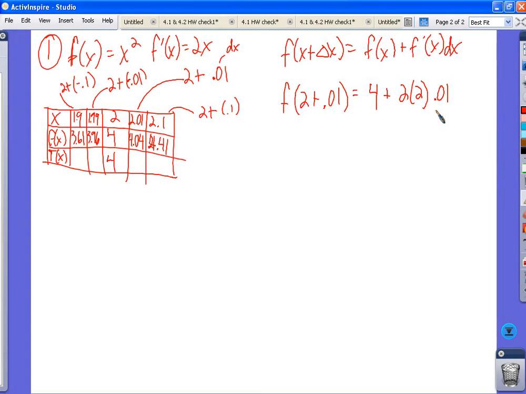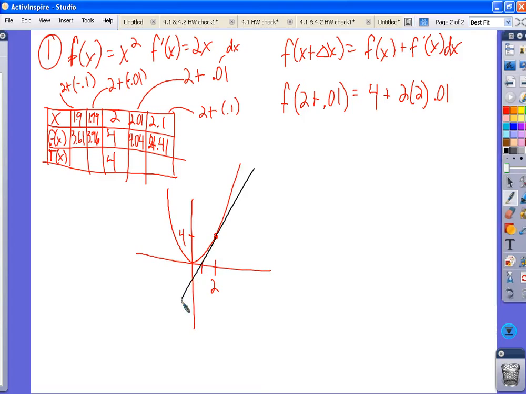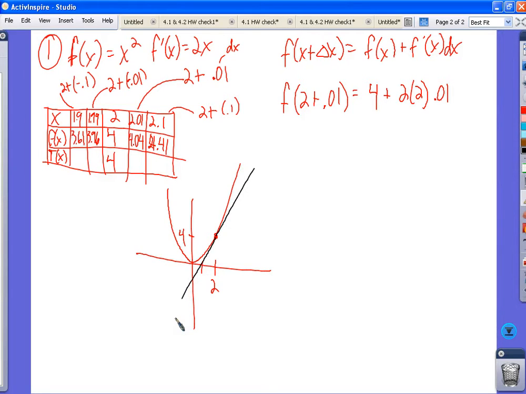Why is that 4? The first one? Okay, so here's x squared, and let's say that's 2. How big is that? 4, right? Because x squared is 4, and then we've got this tangent line coming off of there, and we're going to use this tangent line to approximate the values near 2.